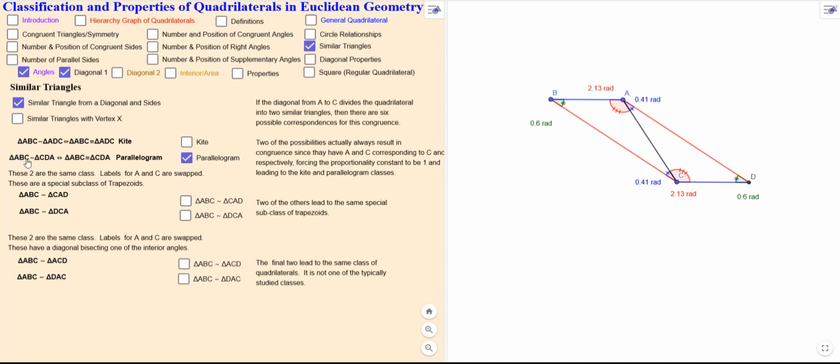You got A first and last, so AC or CA corresponds to AC. So we know the proportionality constant has to be 1 between these 2 similar triangles. Therefore, these are actually congruent triangles, and we have a parallelogram as we've looked at before.